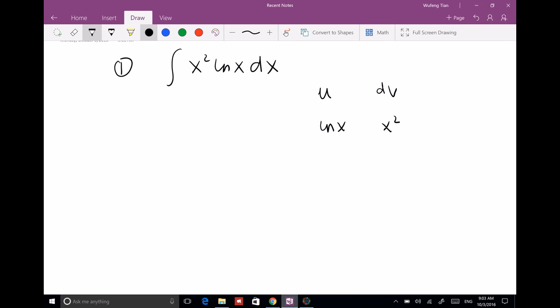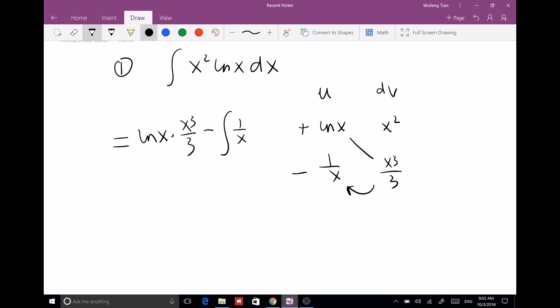So du is 1 over x dx, and the antiderivative of x squared is x cubed over 3, plus, minus, like that. Okay. So then the antiderivative is going to be uv minus integral of v du, so it's ln x times x cubed over 3, minus integral of v du, which is 1 over x times x cubed over 3 dx.